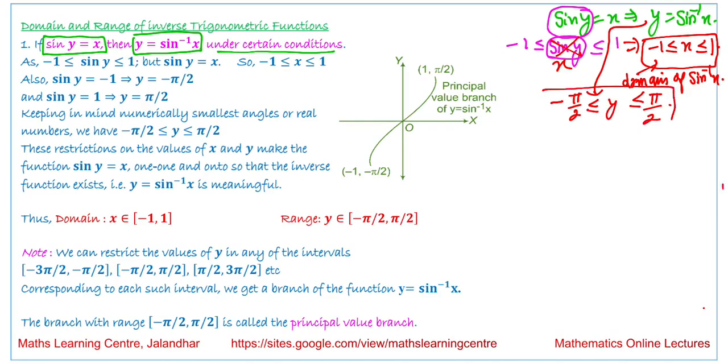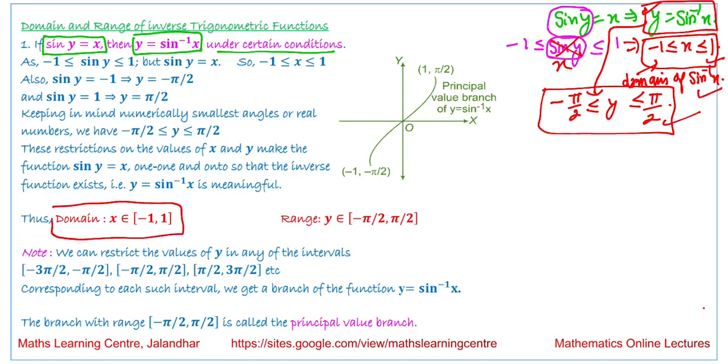So for these domain and codomain, the function y is equal to sine inverse x is defined and meaningful. The domain of this function is -1 to 1, and the range is minus pi by 2 to pi by 2.